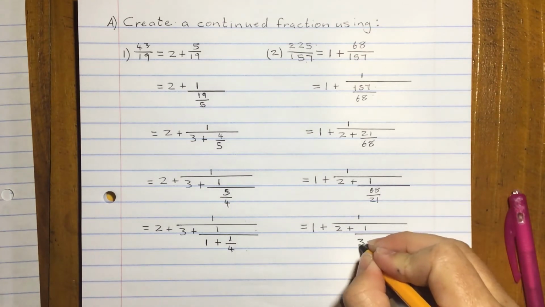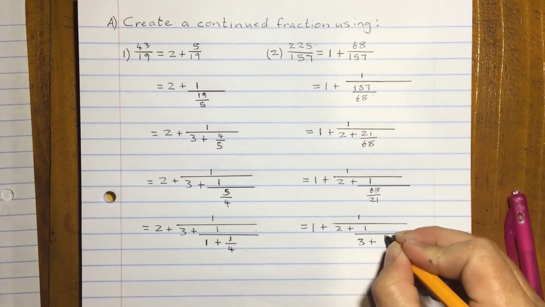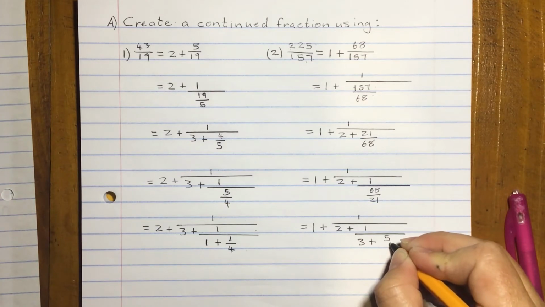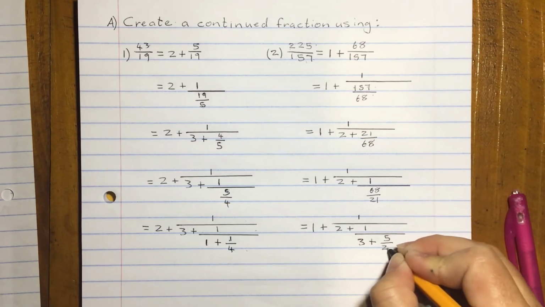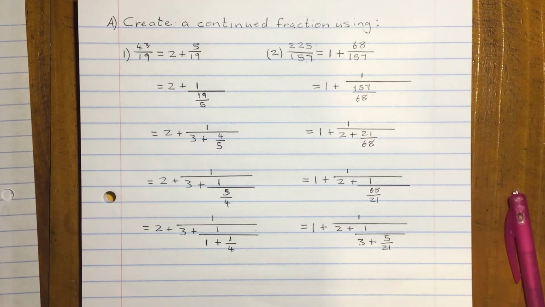It should give you 3 plus 5 over 21. And so we can take this one another step further.